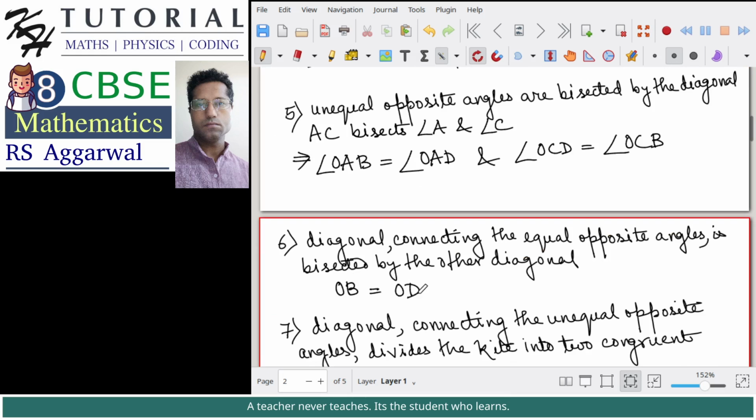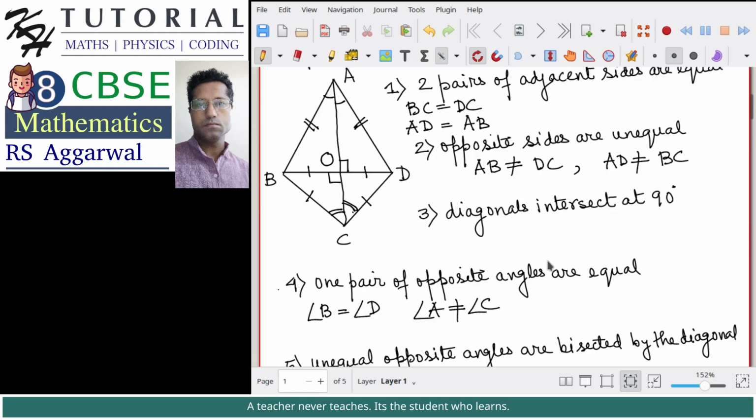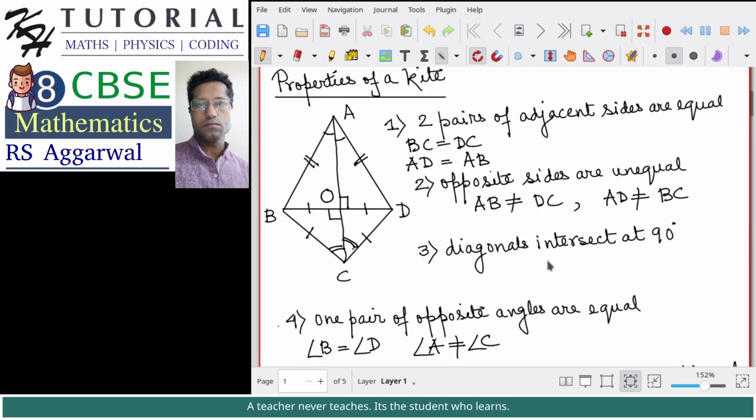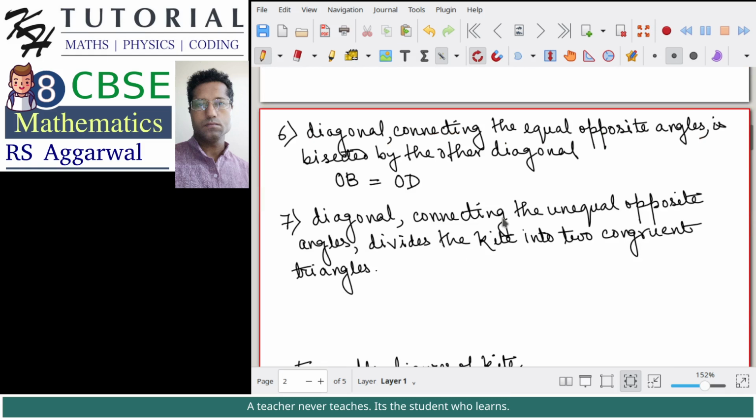This is also very important. The diagonal connecting the two vertices which are the pair of opposite equal angles will be bisected by the other diagonal at the point of intersection of the diagonals. That was property 6.